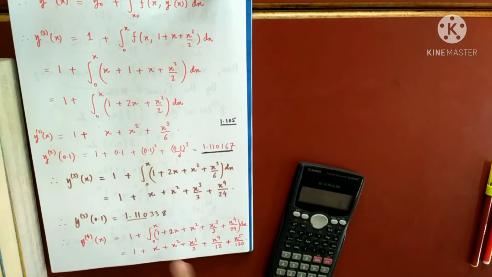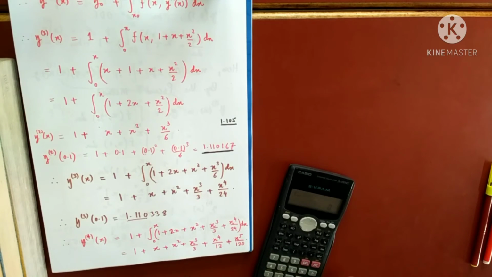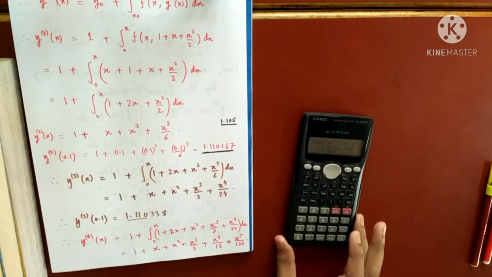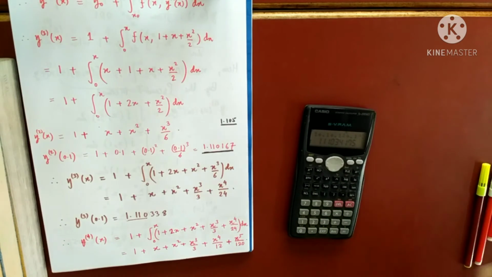Let's find the value at 0.1. So I'll directly do it. Let's put 0.1 everywhere. So 1 plus 0.1 plus 0.1 square plus 0.1 cube divided by 3 plus 0.1 power 4 divided by 12 plus 0.1 whole to the power 5 divided by 120.